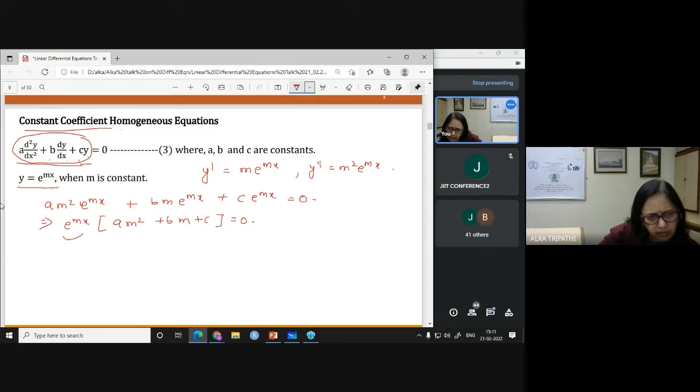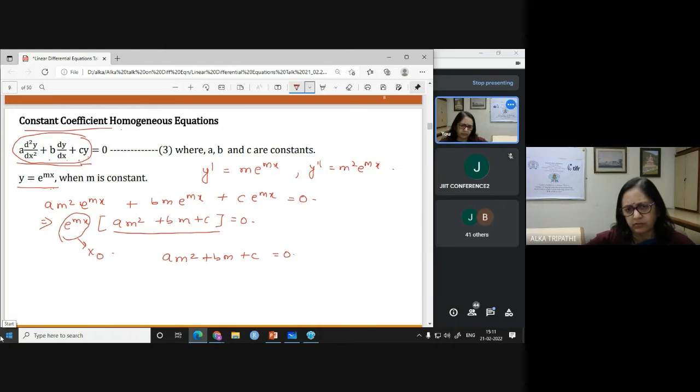Now we know that e^(mx) will never be 0. This implies that a m square plus b m plus c should be equal to 0. This is an algebraic equation, and we call this equation the auxiliary equation.